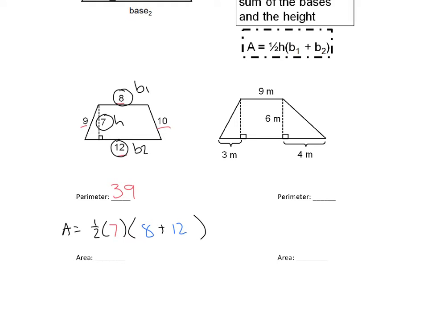So we're going to take 1/2 of 7, and then if I add 8 plus 12, gives me 20. So on my calculator, I can simply put 0.5, which is 1/2, times 7 times 20, and that results in us having an area of 70 units squared.